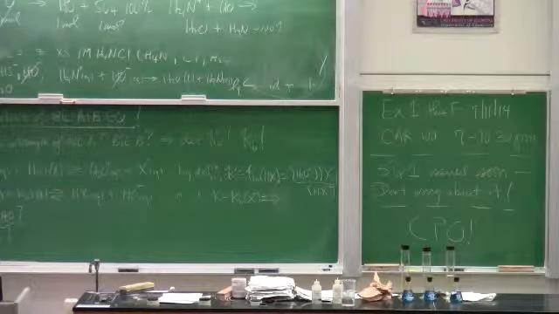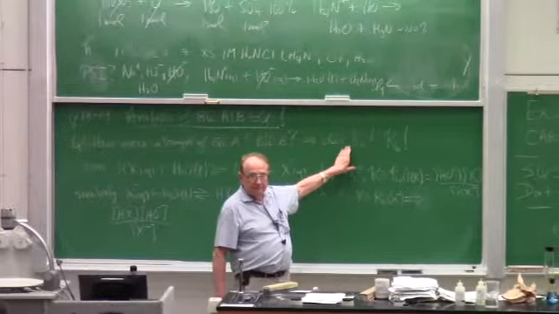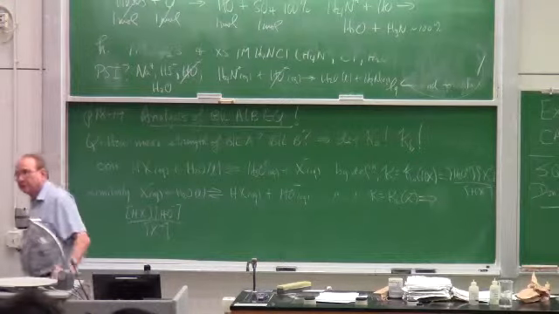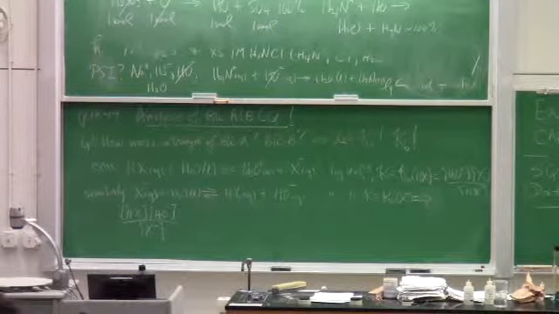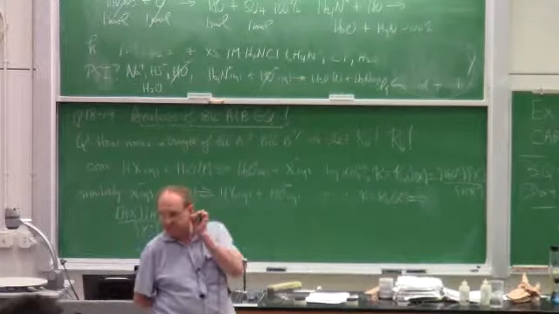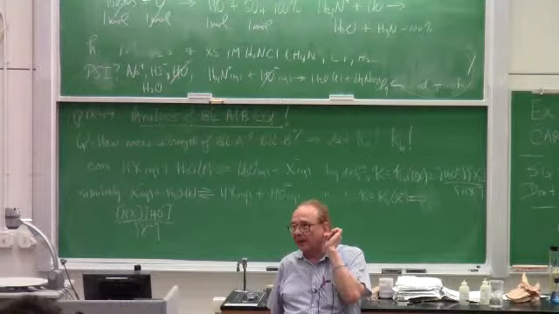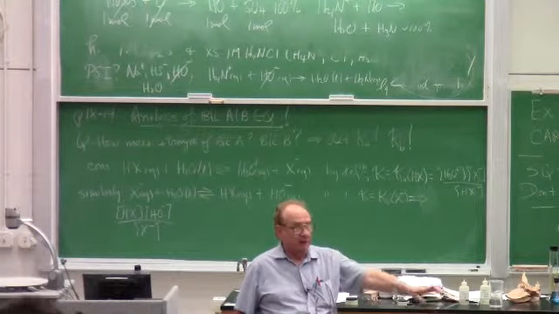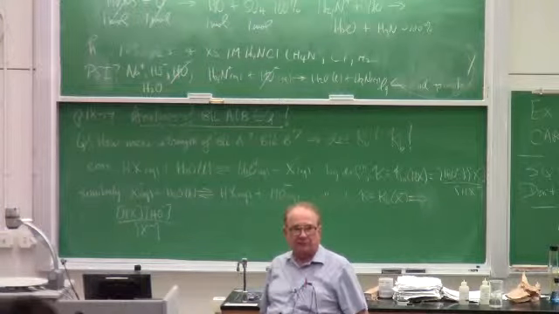By definition, Ka is a measure of the ability, the strength of a Bronsted acid to protonate what? Ka measures the ability of the Bronsted acid, for the Ka values we have in our table, to protonate what? Water, the solvent, that's right.